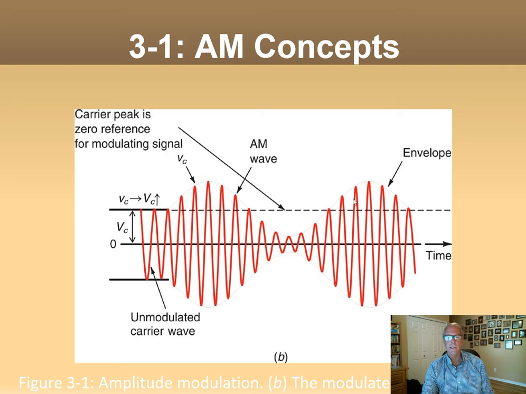So this modulates or changes the level of the carrier waveform with the modulating signal here. So here's the peak value of the carrier, this VC, and it's an algebraic operation that we'll look at in a minute, how this all happens and how many other sine waves result from this modulation.